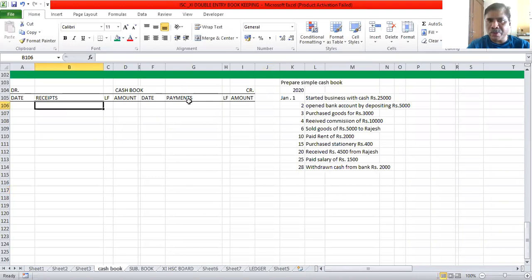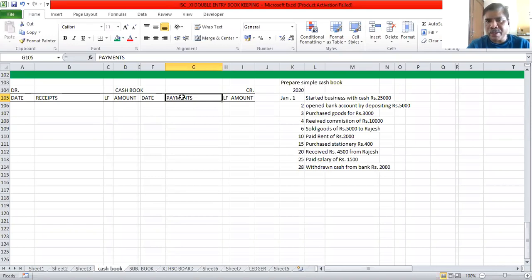When cash goes out, we will credit it. Correct? So comes in means receipt, goes out means payment. So when cash is received it is a receipt, cash comes in, therefore it is the debit side. When we pay, cash goes out, and the money paid goes on the payment side.